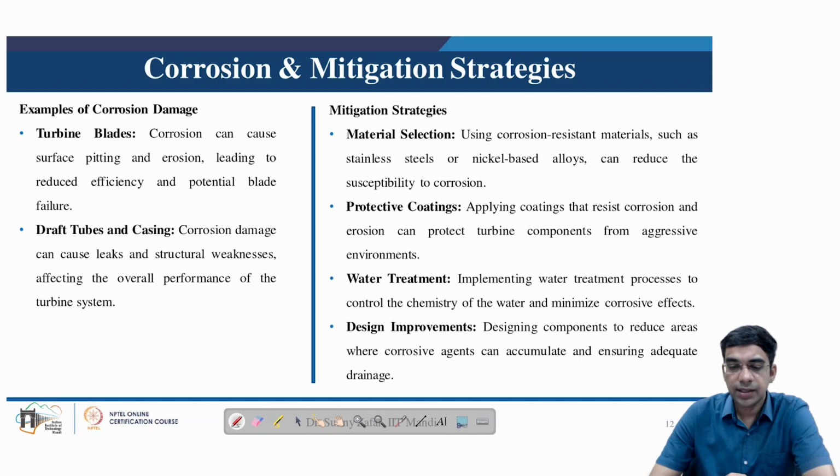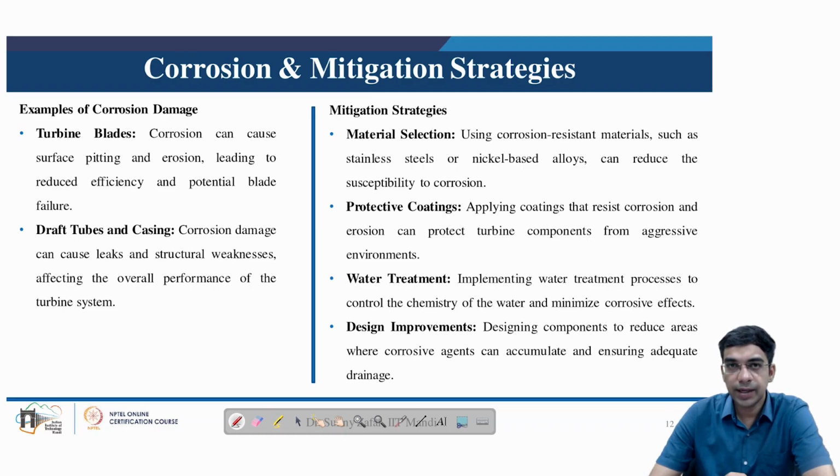Mitigation strategies include material selection. In this regard, corrosion resistant materials are widely utilized to manufacture the turbine components. These include stainless steels and nickel based alloys, which can reduce the susceptibility to corrosion. Protective coatings are applied to resist corrosion and erosion and can protect turbine components from aggressive environments.